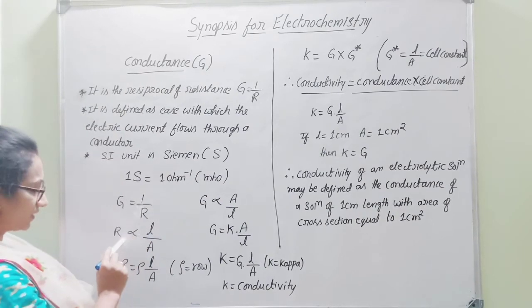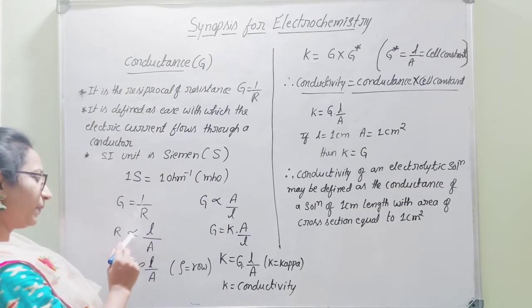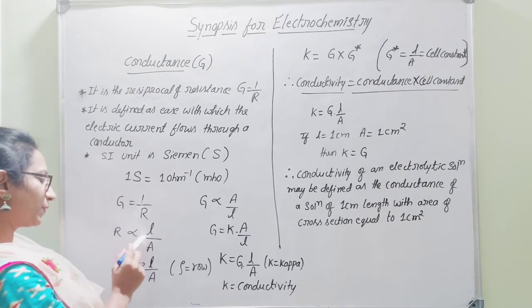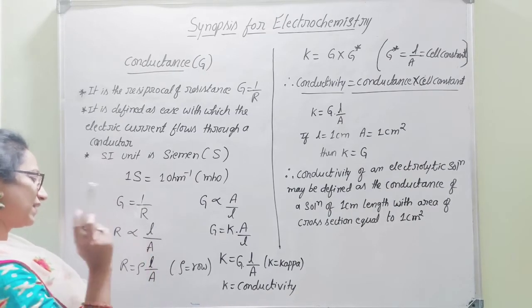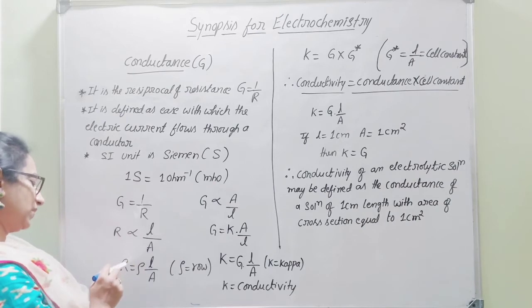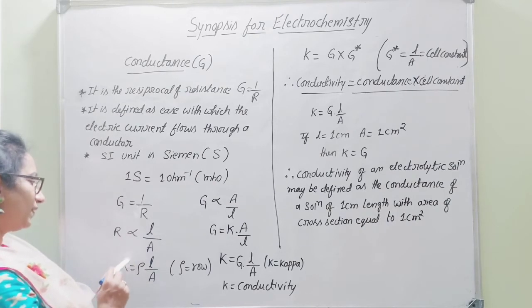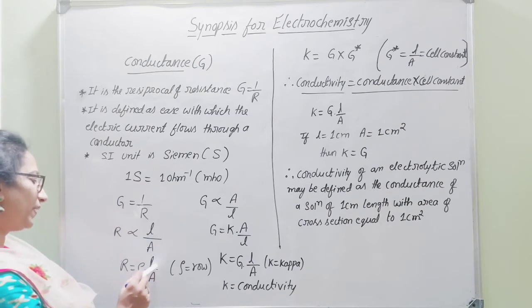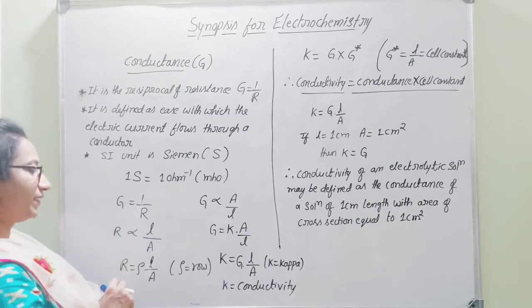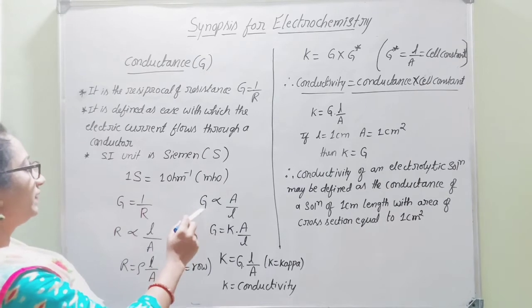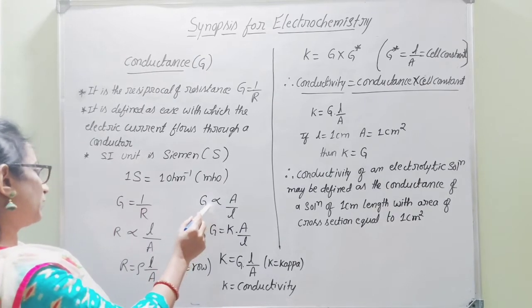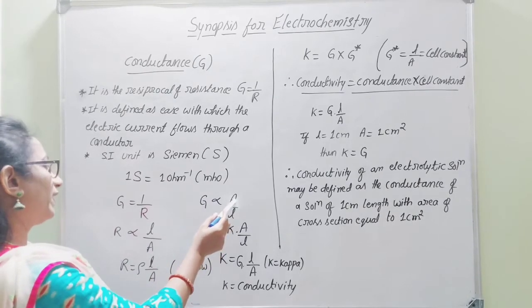As we know, resistance is directly proportional to the length and inversely proportional to the area of cross section between the two electrodes. If you remove the proportionality constant, R is equal to rho into L by A, where rho is a constant. So G is proportional to A by L. Why A by L?